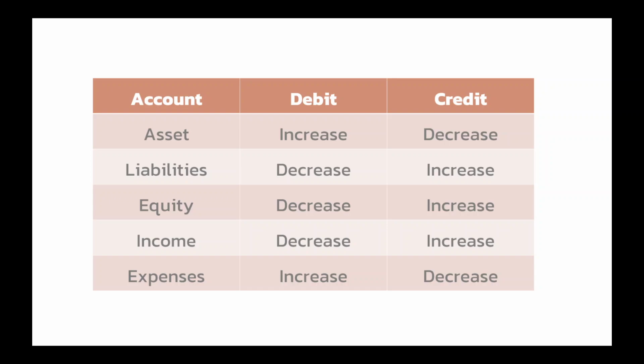For another example, somebody invested in my company, so equity increases, it's actually a negative number. Or if I owe someone money, that means my debt, my liability, increases.